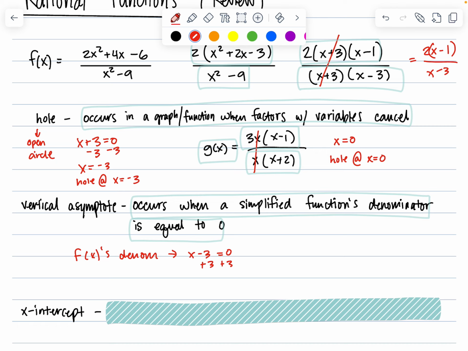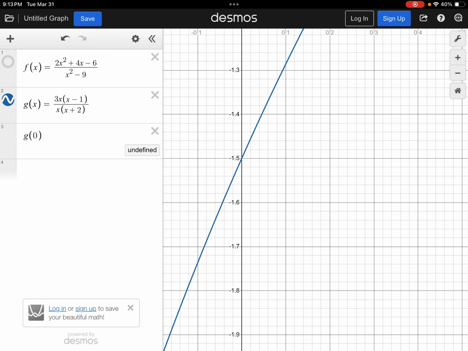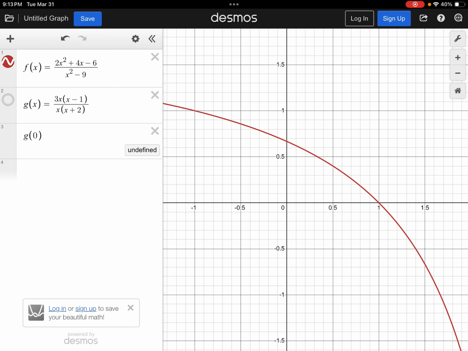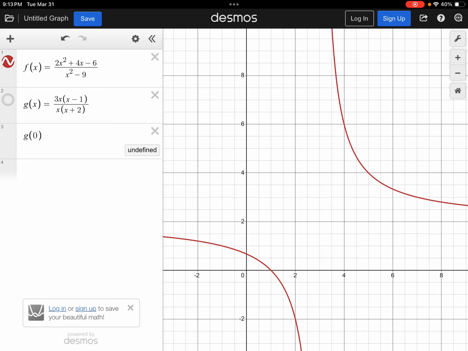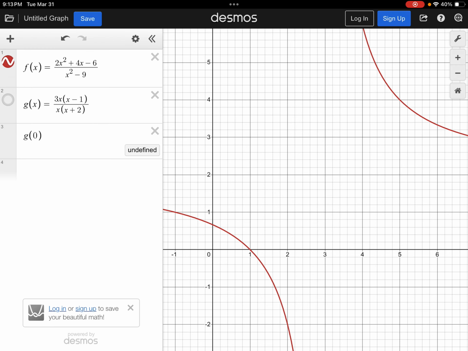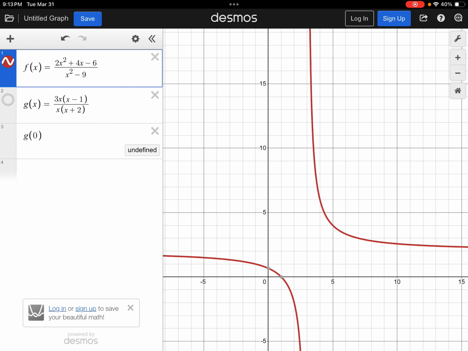So if we add 3, we get x is equal to 3, meaning we have a vertical asymptote at x equal to 3. And when we graphed it, we could actually see that. Not the one in blue, but this red one. Zoom back out. At x equal to 3, you could see there's pretty much that vertical line that doesn't get crossed between these two huge red curves of the function. Okay, the vertical asymptote is occurring there.